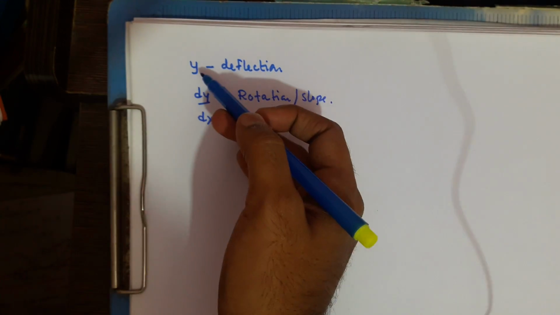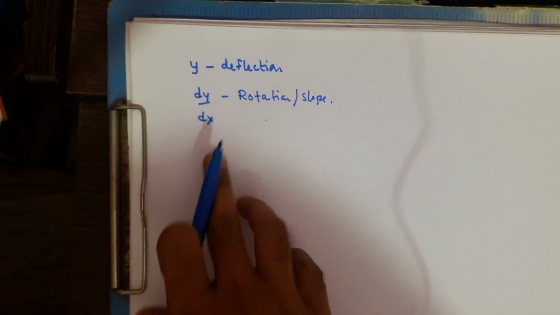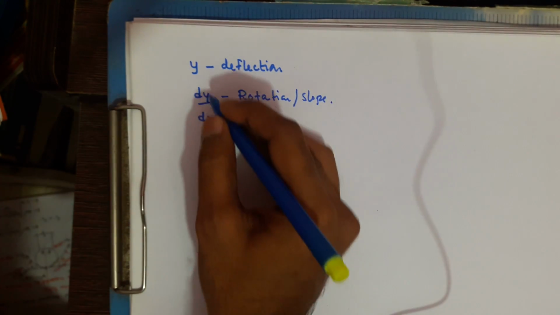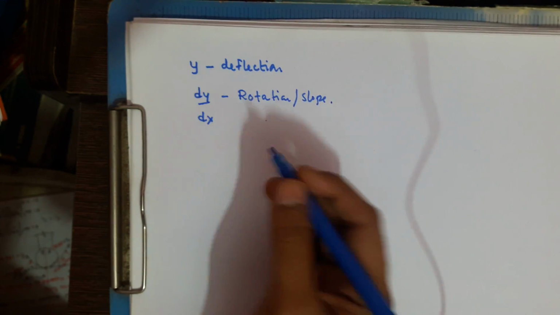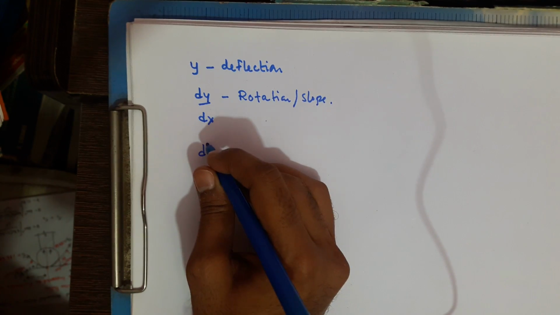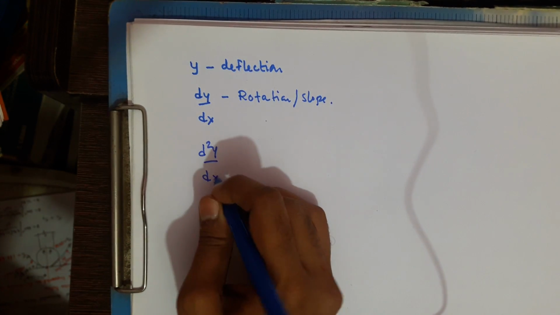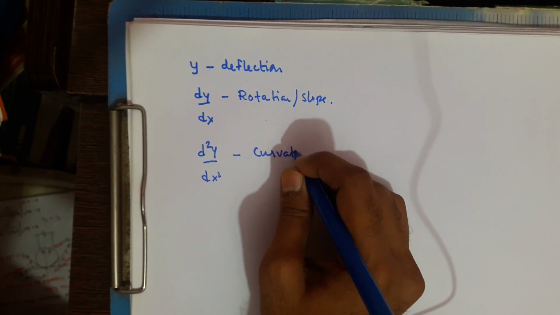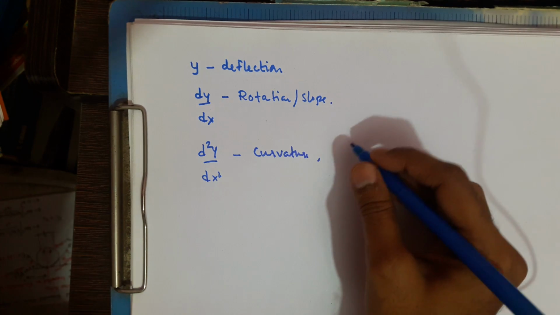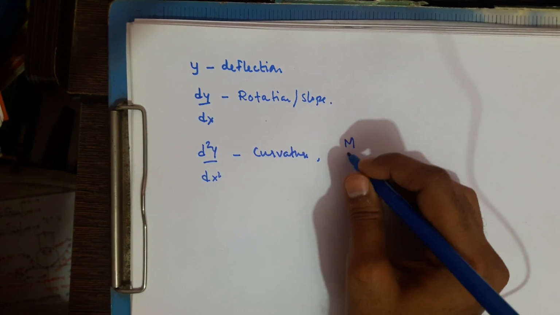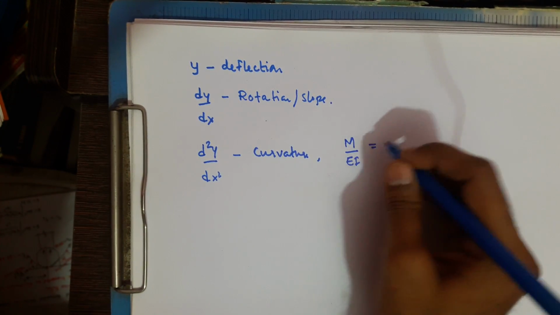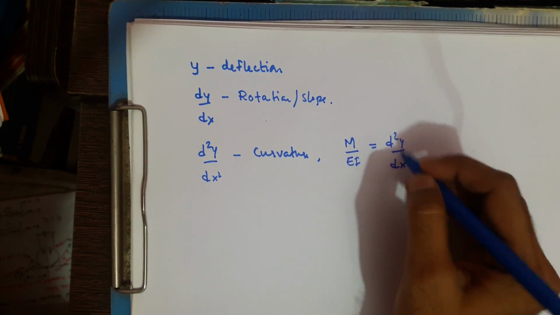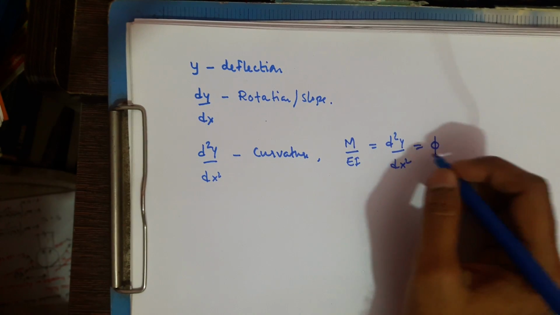So when you differentiate the y term with respect to x, you will get slope or rotation, and again when you differentiate this with respect to x, you will get d square y by dx square, which is nothing but curvature. So you know from the flexural formula, M by EI is equal to d square y by dx square. So this d square y by dx square is nothing but curvature.